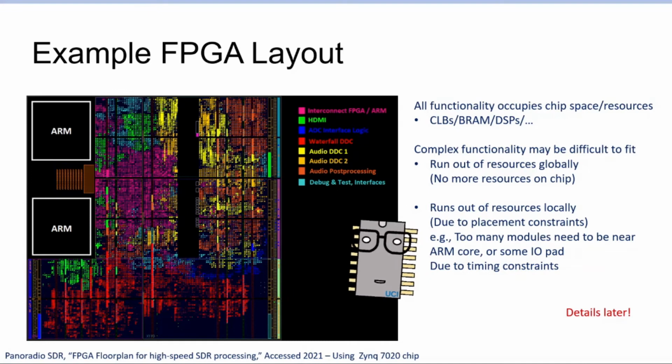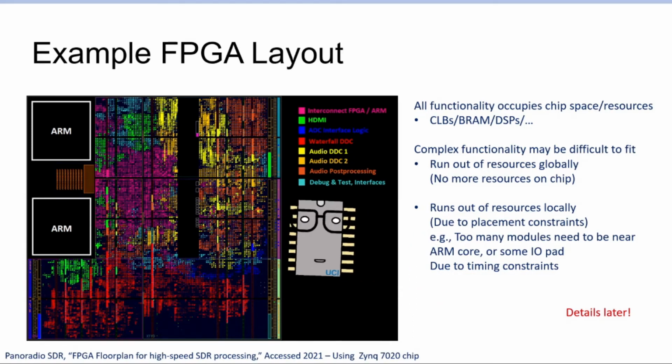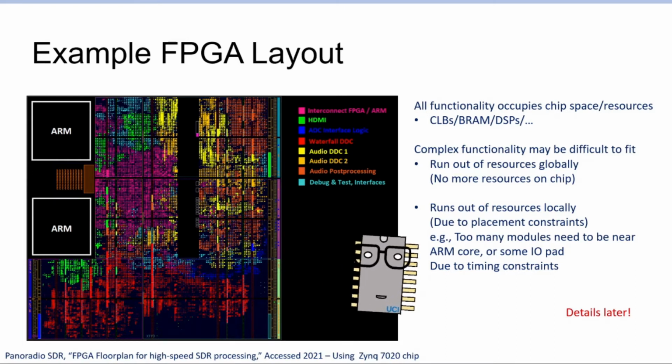So in this example, if you have too many things on the FPGA that need to be near a particular ARM core because they all communicate with that ARM core, for example, or some IO pad, some pin that leads off the chip because they connect to a general purpose IO pin, because it leads to the host, because it leads to an Ethernet port, for example, if a lot of designs want to talk to that one IO pad, then due to timing constraints, because it takes time for electrical signals to propagate from that IO pad to the design that needs to be close to it, and that signal propagation taking longer results in a slower clock, the tools will try to put everything that communicates with that IO pad close to the IO pad.